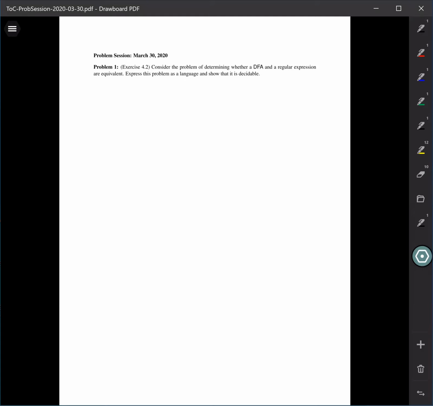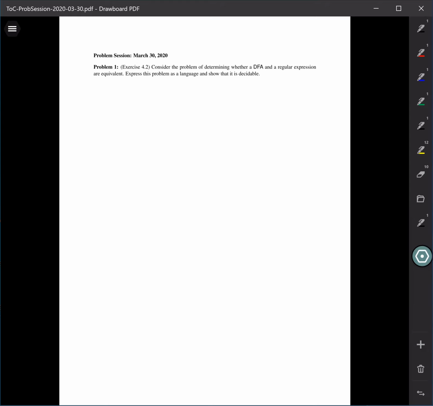And so the main topic with section 4.1 is that you are looking at algorithms that answer questions about different models of computation and language descriptions, right?